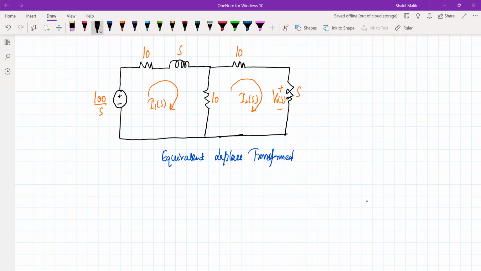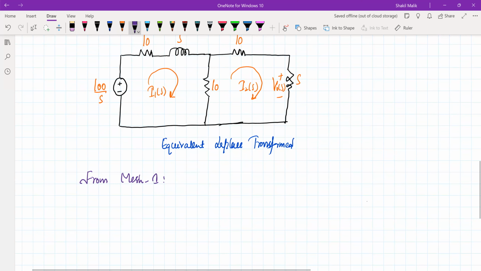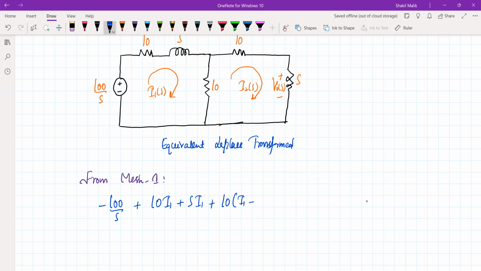So using KVL for mesh 1, we'll write simply minus 100 by s plus 10 times I1. I will drop the s here, but it is understood that I1 is a function of s. So s times I1 plus 10 times (I1 minus I2) is equal to 0.